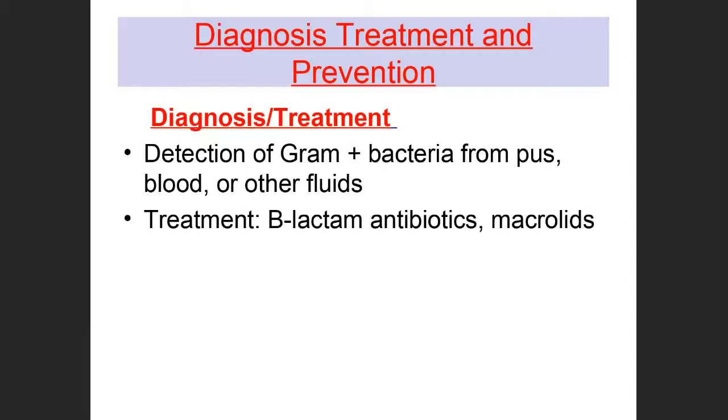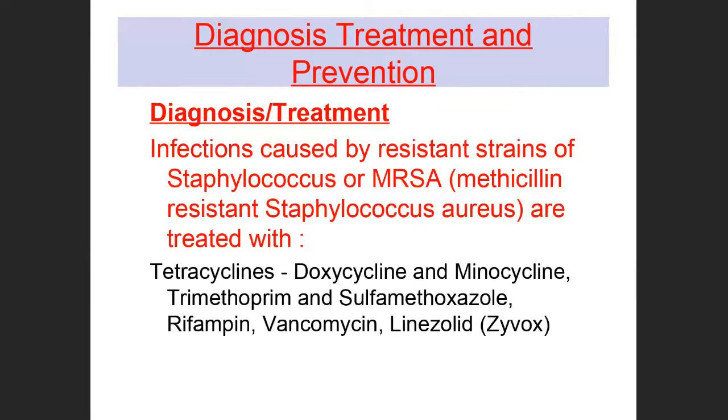Diagnosis and treatment of staphylococcal infections. We could isolate the organism from pus or other body fluids. Treatment, antibiotics. If the organism is not resistant, it is easier to treat.